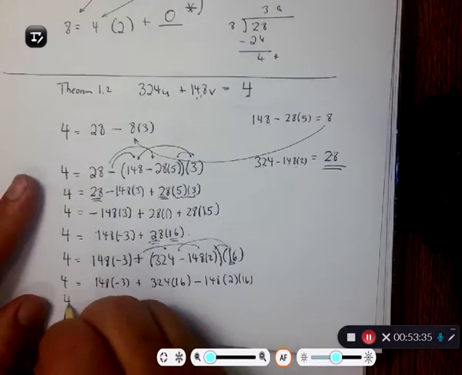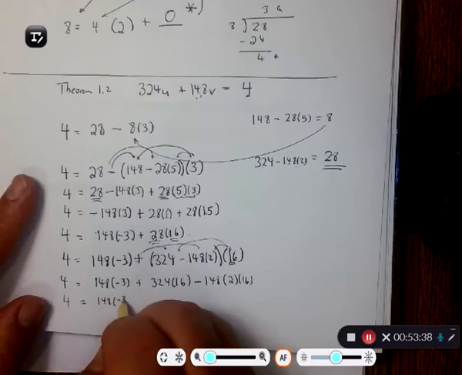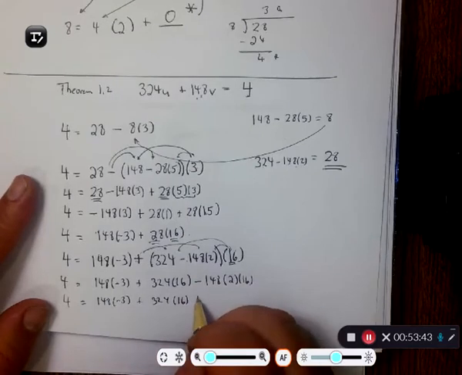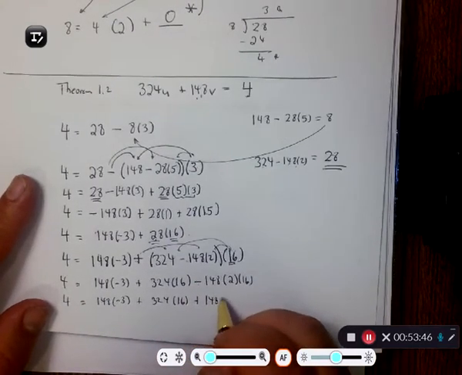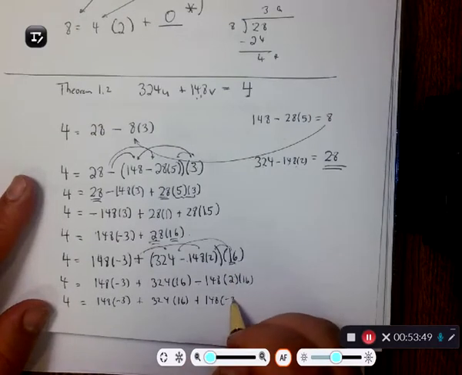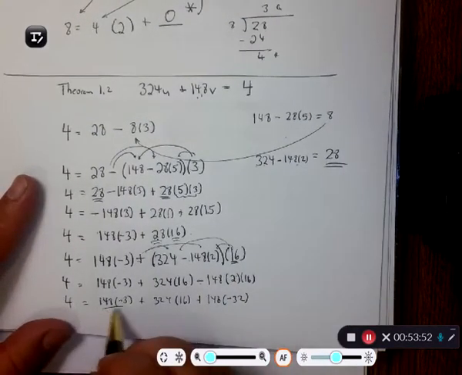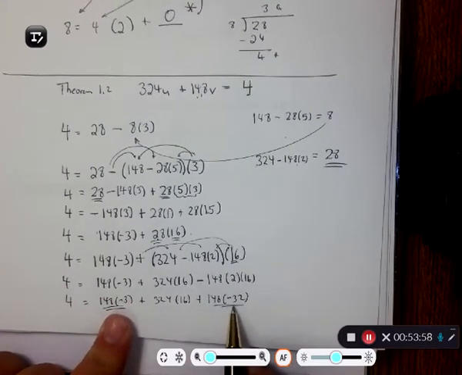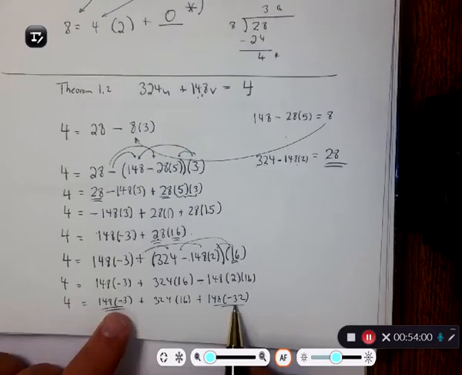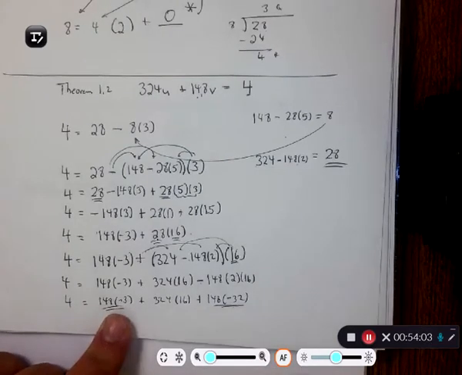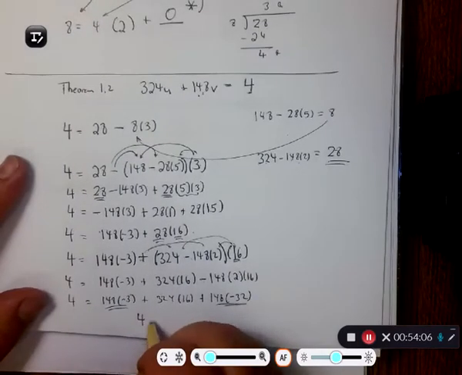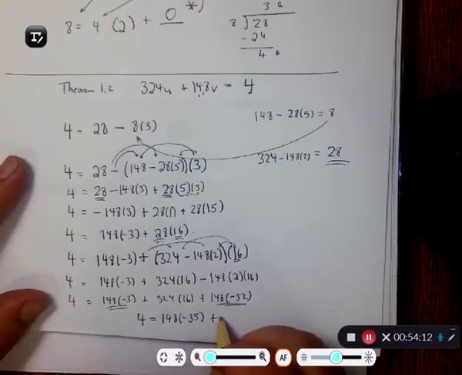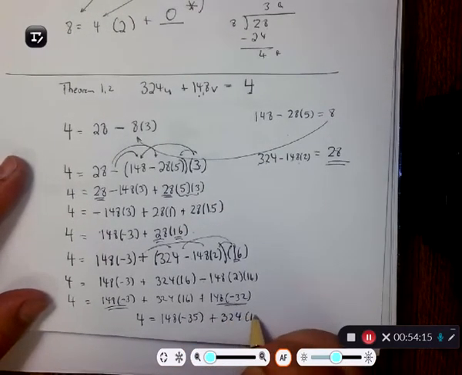So this is 4 equals 148 times negative 3 plus 324 times 16 plus, I'm going to make this a plus, 148 times, and put that negative with the number, negative 32. And combine like terms. I've got negative 3, 148s there. I've got negative 32, 148s there. Put them together. Negative 3 plus a negative 32 makes a negative 35. So 4 is equal to 148 times a negative 35 plus 324 times 16.